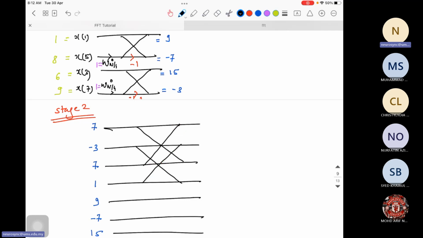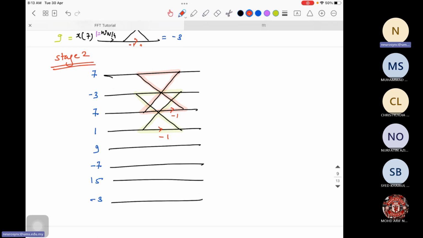This is my second butterfly. Butterfly means this is my first butterfly here, and the second one is like this. So this factor is always minus 1. This is minus 1, this is minus 1.